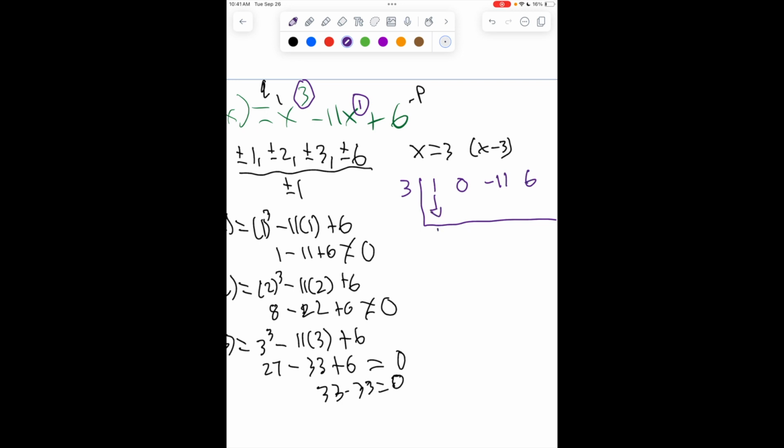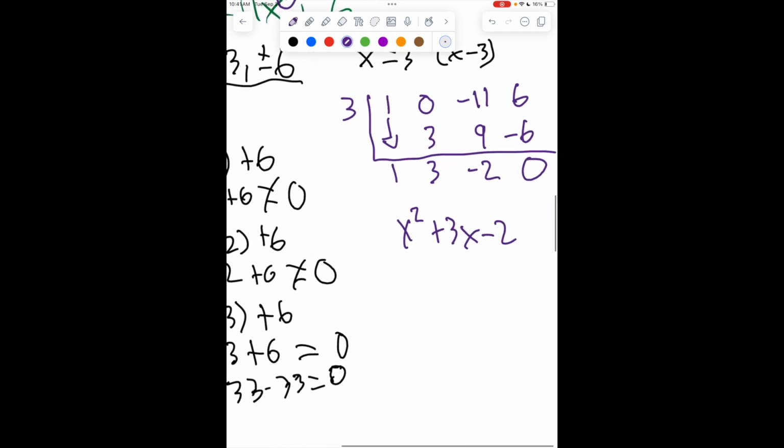Bringing down, I get a 1, 3, negative 2, and then 3 times negative 2 is negative 6. So we get a 0. Awesome. So that's great. Now I'm going to reduce my x to the third by 1 and rewrite it. So I'm going to get x squared plus 3x minus 2.